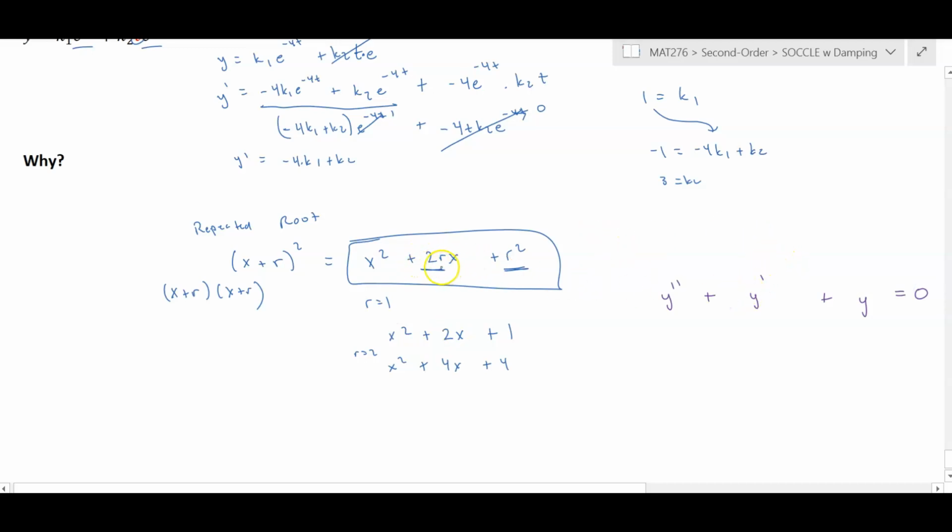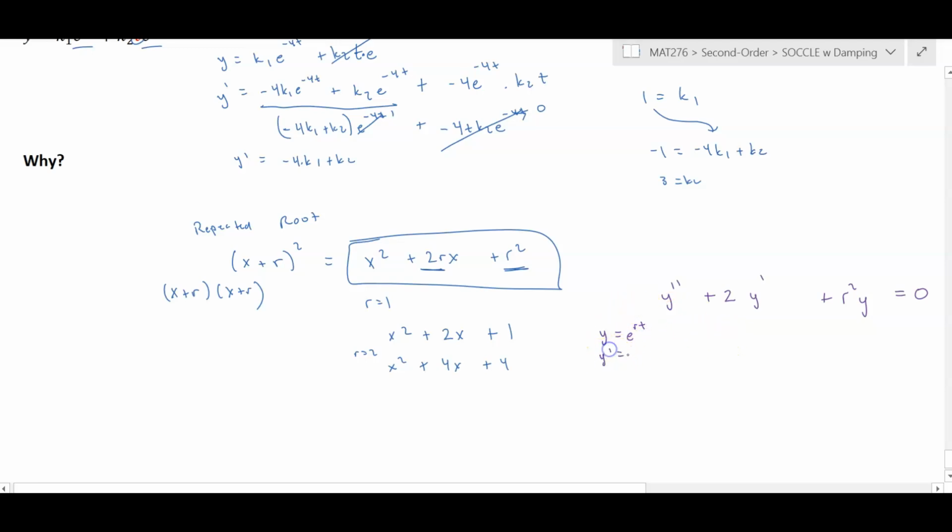Now, the 2r actually would come from the fact that we would have a coefficient of 2 right there, and a coefficient here of r squared. And you're like, okay, well, how do I know that from just looking at the equation that this is true? Well, remember, our guess is of the form e to the rt.